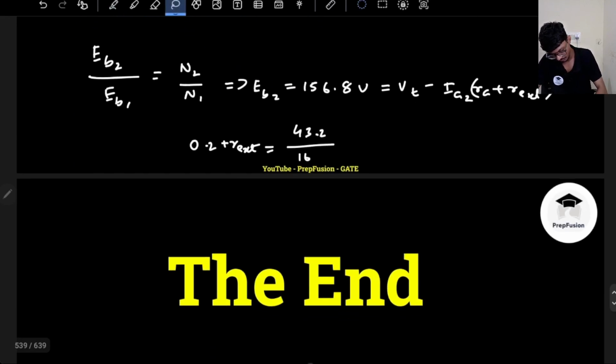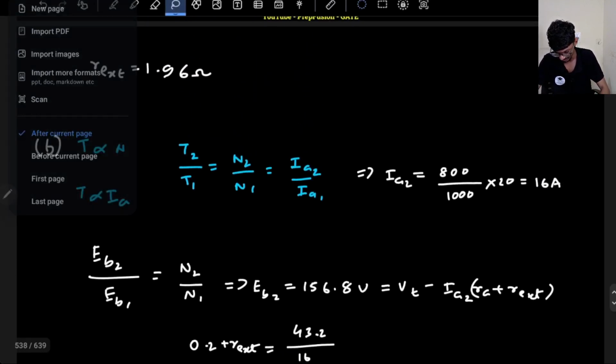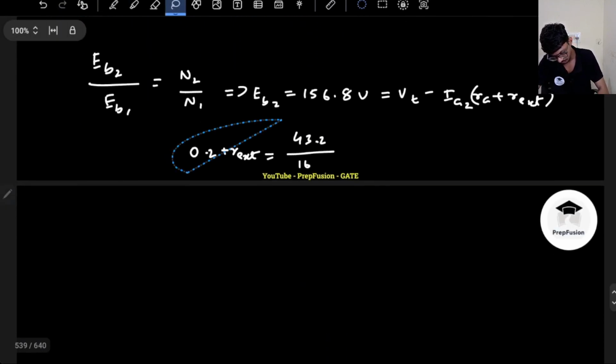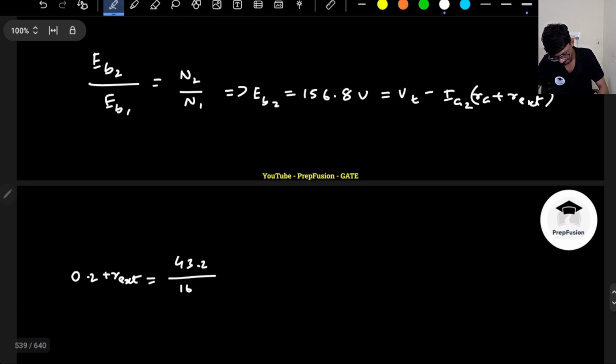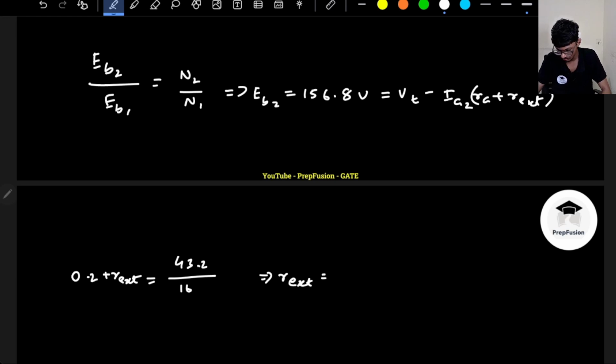This is the last question actually, we are almost done. From here I can directly find out R external: 43.2 divided by 16 minus 0.2 is 2.5 ohms. So in this case the R external will be 2.5 ohms.